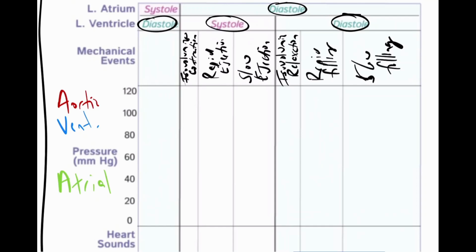So we're going to put all three pressures on this one graph. The first thing we'll do is aortic pressure. What is the normal aortic pressures? What's your normal blood pressure? 120 over 80. So we're going to do our graph for aortic pressure, 120 over 80.